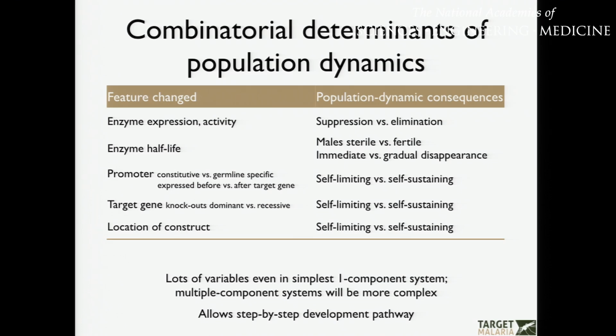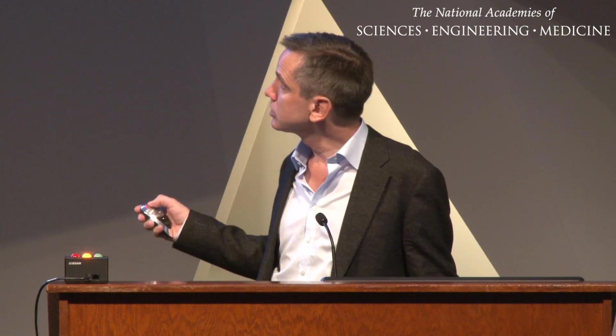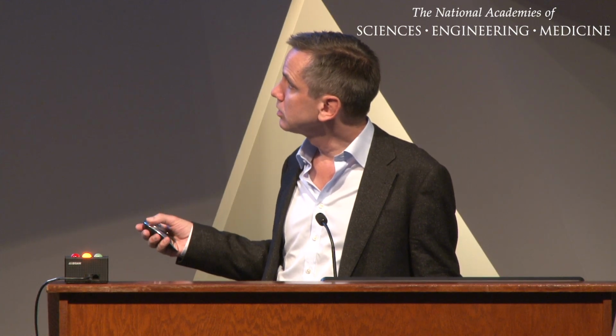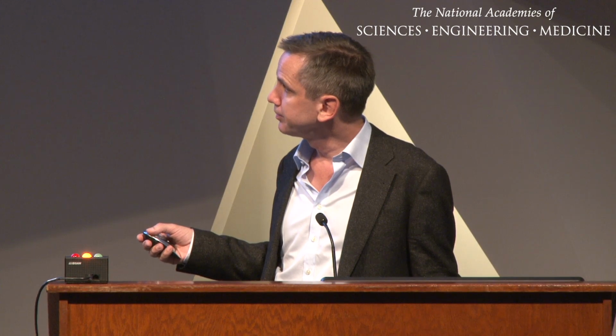In addition to changing the promoter, you can also change the target gene, the gene that you're targeting in the case of homing, whether the knockout is dominant or recessive. That will again change the dynamics and the location of the construct. So even in this very simplest system, one-component systems, there are multiple little bits that you can change, and multiple component systems will be even more complex.